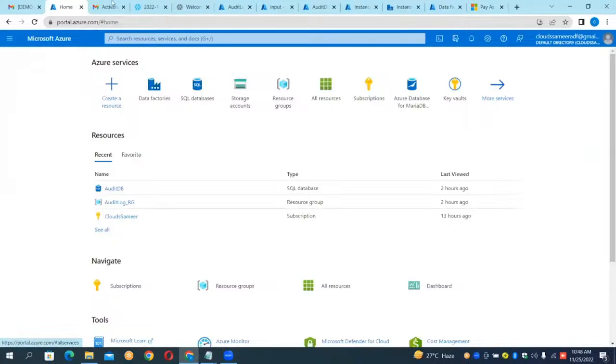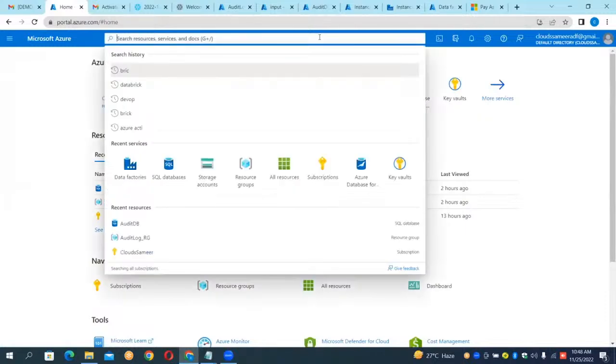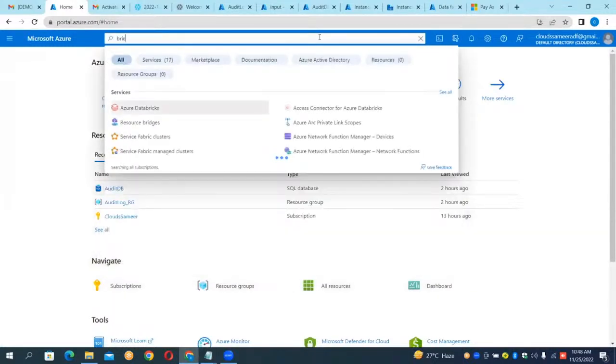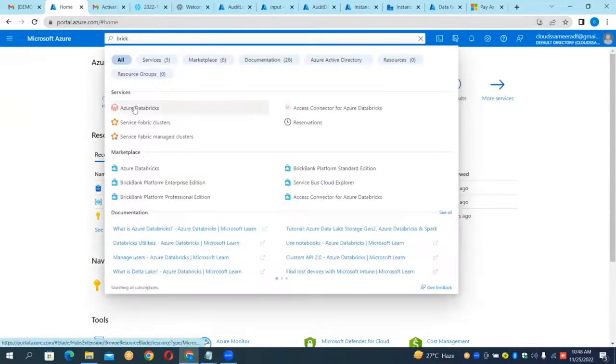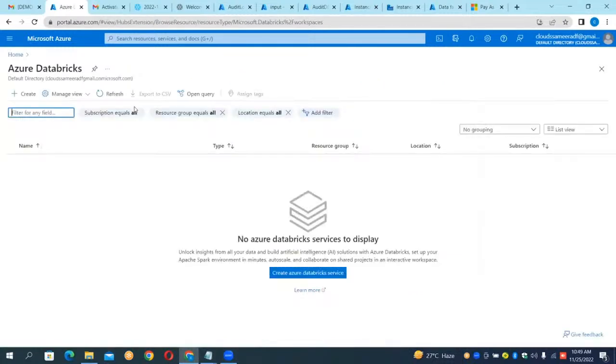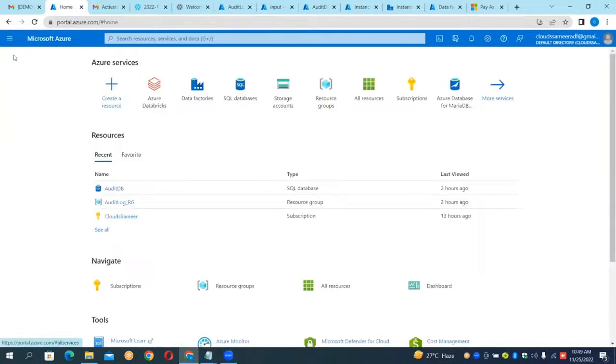This is called portal.azure.com. And now you can start the service here. I'm just typing here Databricks. Can you see here, guys? This is Databricks. This is one way.